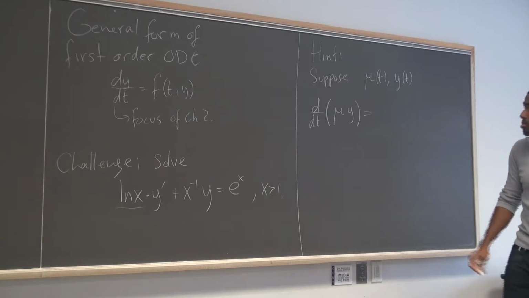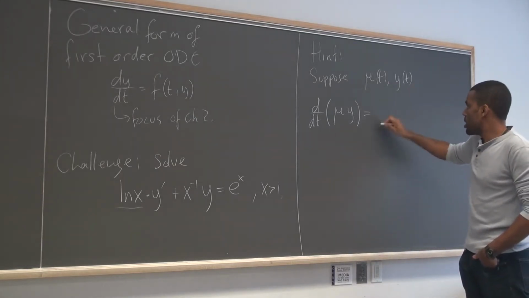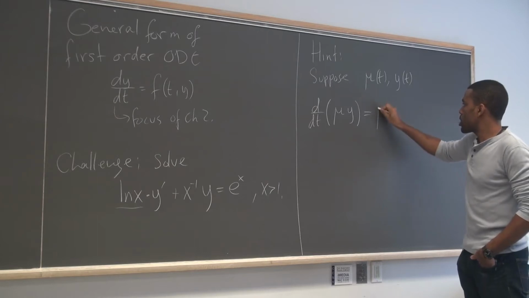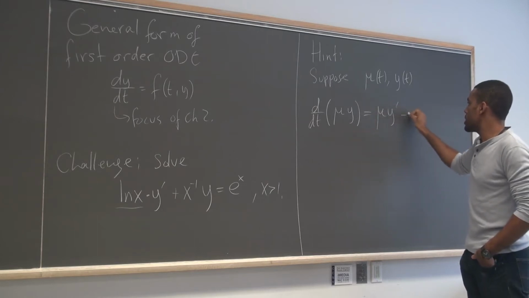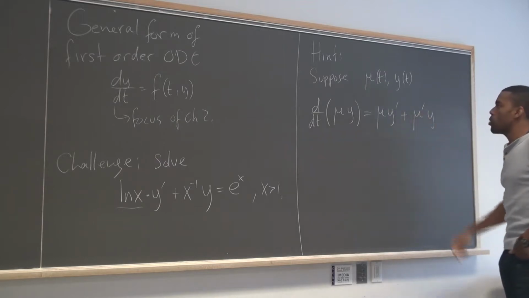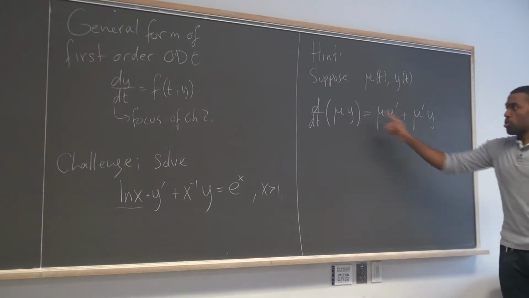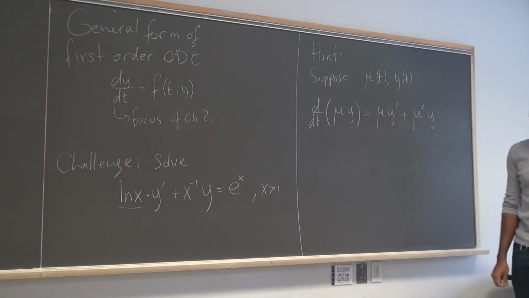The derivative of mu times y plus the derivative of y times mu. Right, the product rule. So I can just differentiate the y, then leave the mu, then differentiate the mu, then leave the y. So these two are the same.